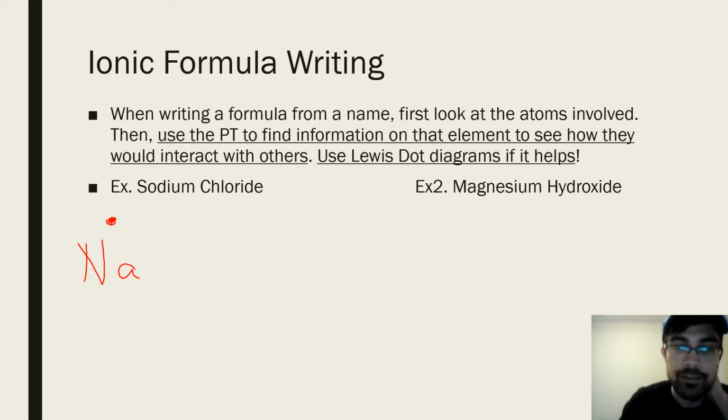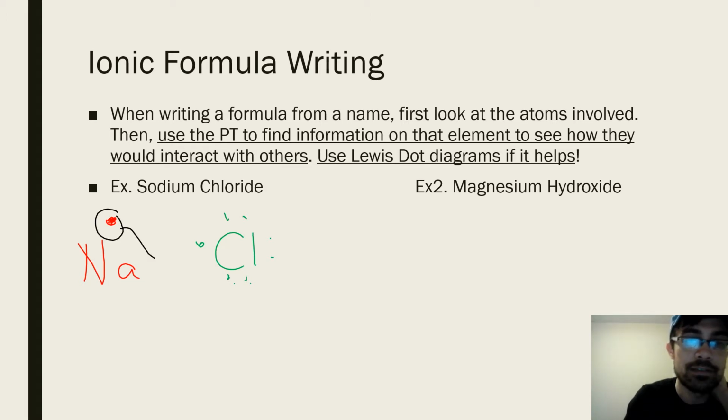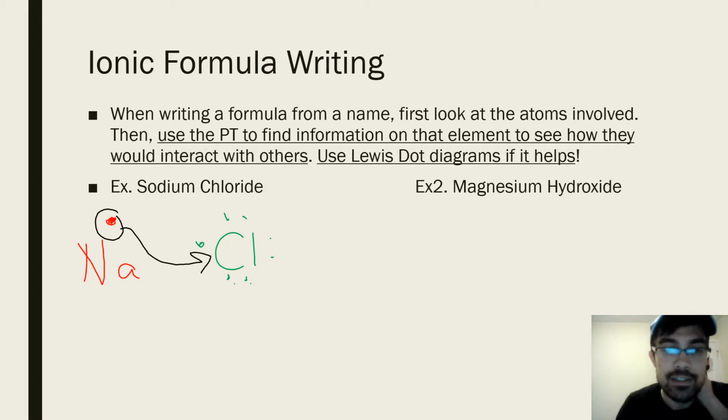Chlorine, on the other hand, is in group 17. Okay, and so it has 7 valence electrons. That means it's going to be looking for one more electron to gain, whereas sodium has one that it's wanting to give up. So remember, basically what's going to happen is sodium will lose its electron.